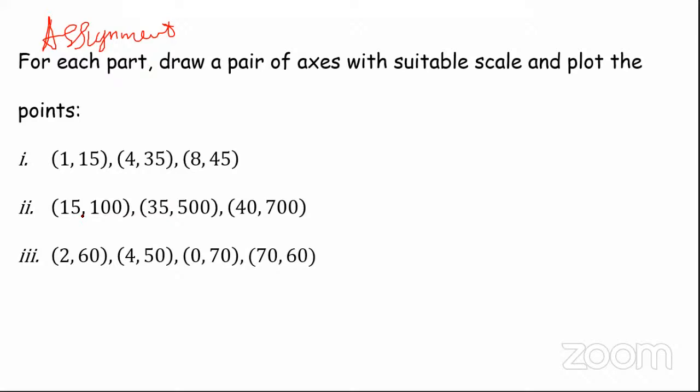Then 2, we are going to plot 15, 100, 35, 500, and 40, 700, still using an appropriate scale. Then 3, we are going to plot 260, 450, 070, then 70 and 60. So those are the points that we are going to plot.